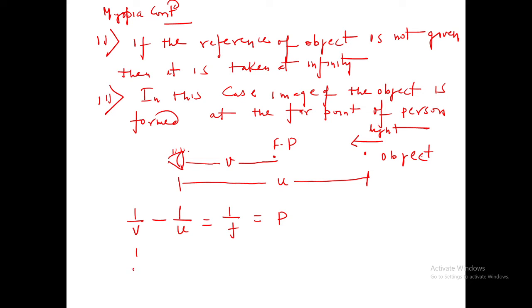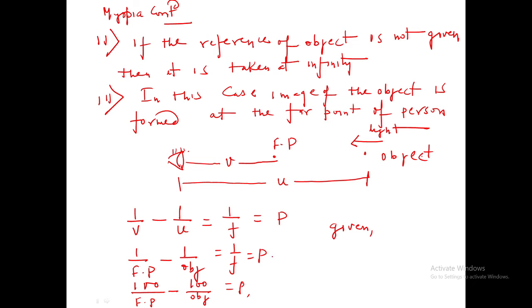So 1 upon far point minus 1 upon object is equal to 1 upon f, which is equal to P. Or 100 upon far point, if the far point is given in centimeter, minus 100 upon object, is equal to P.